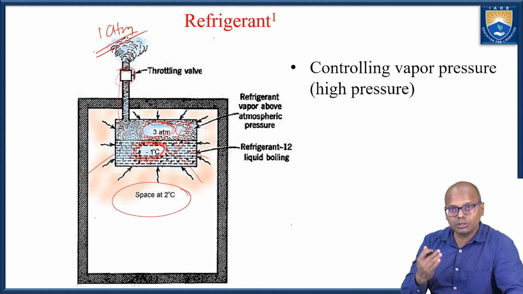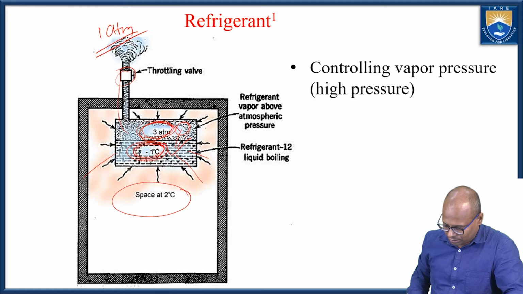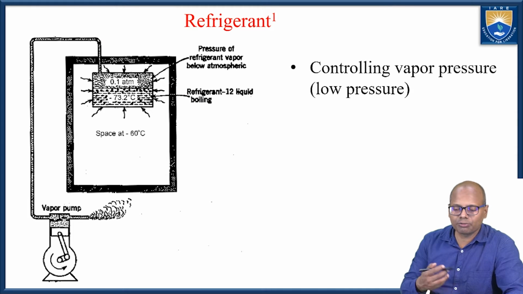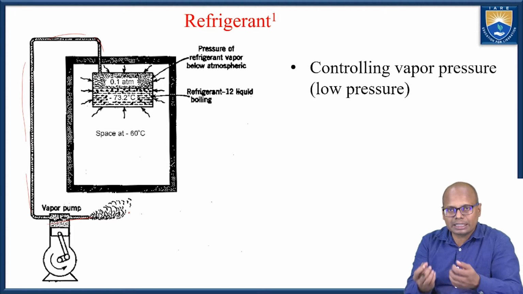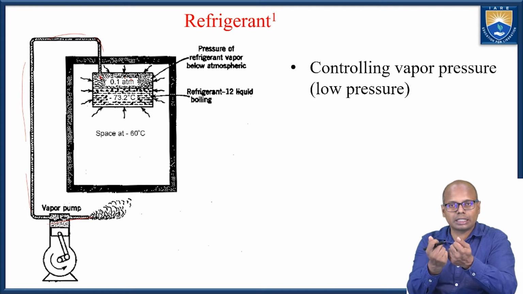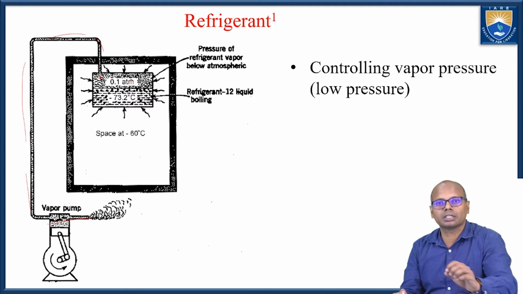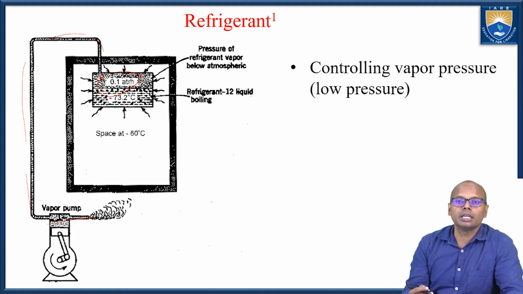Now we will see what happens if the pressure inside the evaporator is less than the atmospheric pressure. For that, we are sucking out the vapor. Here some vapor is forming and we are sucking it out, and because of that there is some vacuum, so the pressure inside the evaporator is below atmospheric pressure.